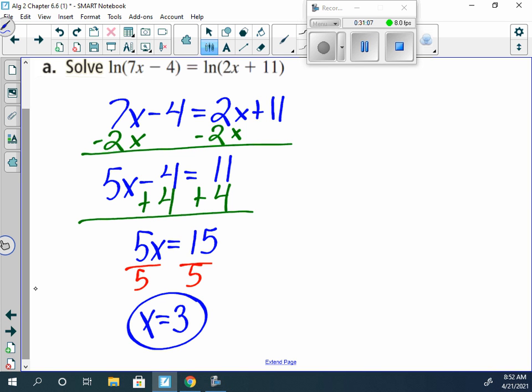And if we plugged it back into either one, it would work. Because 7 times 3 is 21, minus 4 is 17. 2 times 3 is 6, and 6 plus 11 is 17. You have two positive numbers, so it works.